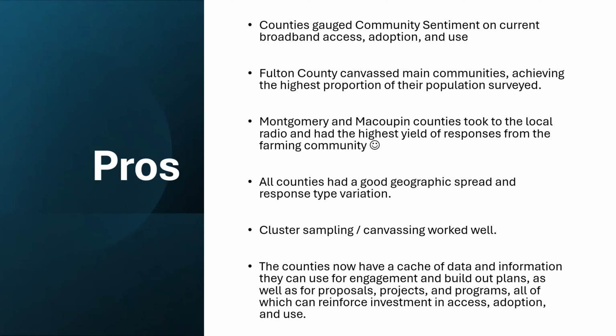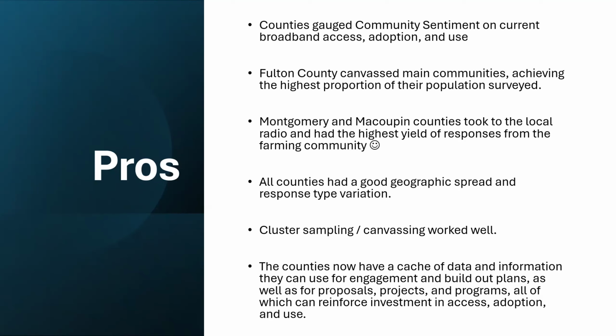The cluster sampling and canvassing worked well. You'll see some of the results, and I'll be able to explain that here's where I know that cluster sampling and canvassing worked well, and here's where I think it could help you improve some of the collection. There's a few counties that I wanted to mention something about.